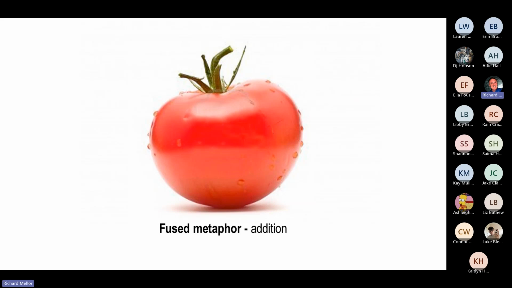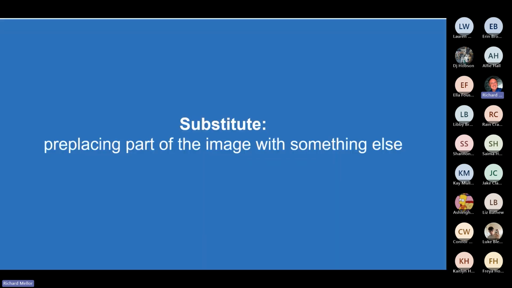So, for instance, if you wanted to say something about genetically modified food, and you wanted to use, say, a surgeon's scar tissue on the tomato, or imply that some kind of modification has taken place, then that becomes an additive metaphor. Nothing else about the tomato has changed. You've added things. So that's fused metaphor type number one.